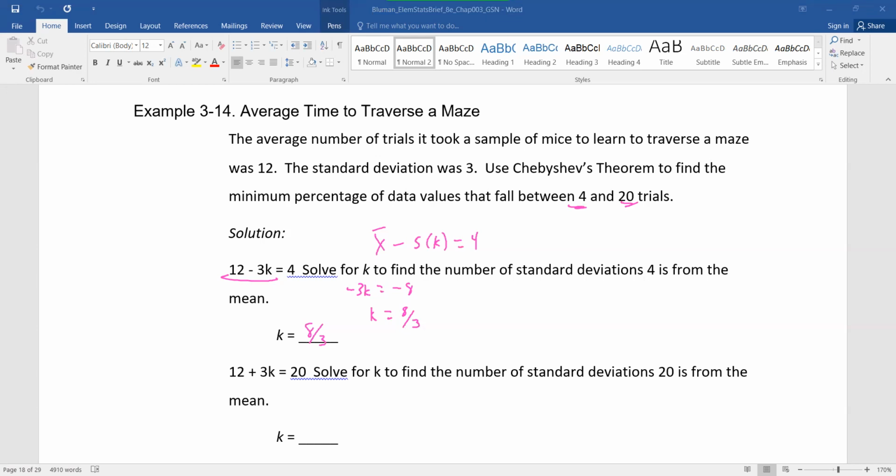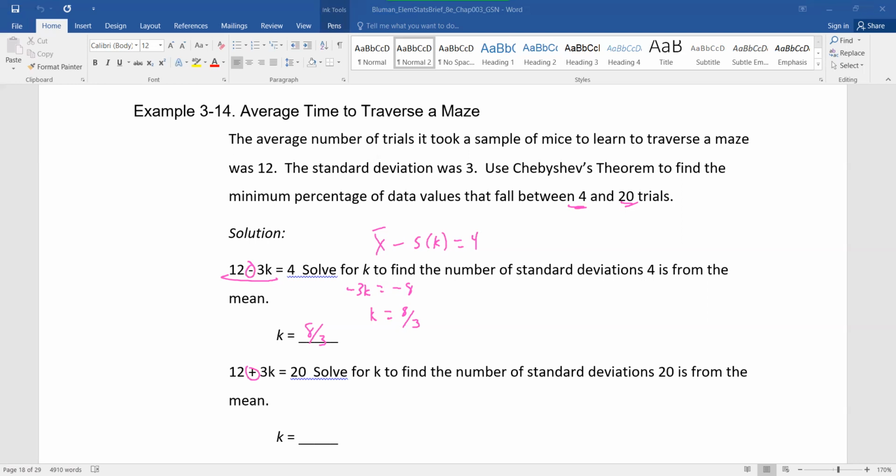We'll go through the numbers, though. And then for the other side, how do I solve this one? Just so you know, the minus here is because this was the low side. Plus would be the high side, because if I'm going to the left of the mean, I'd be subtracting, and if I'm going to the right, I'd be adding.